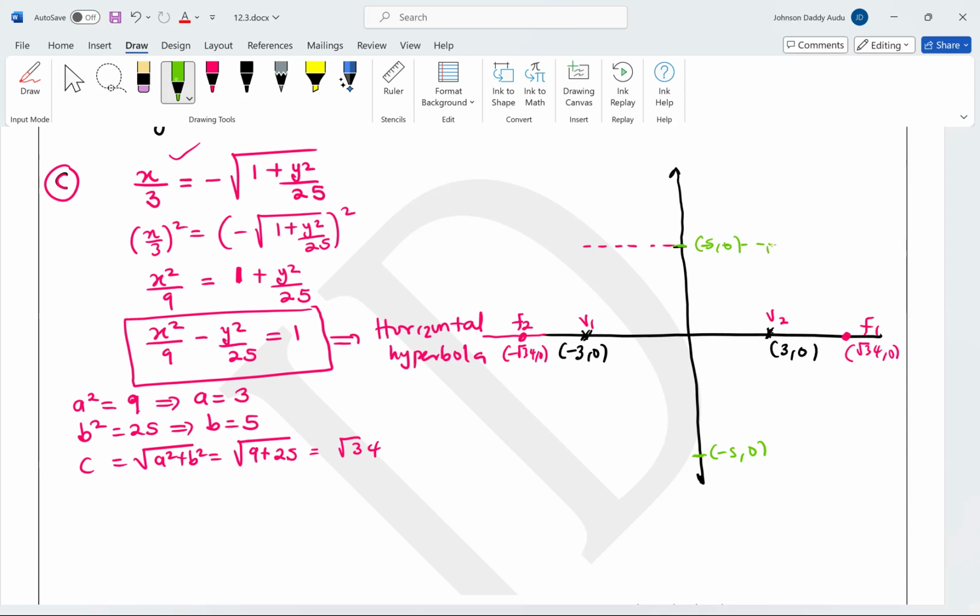So the same story, we can just try to connect this rectangle. We'll go 3 horizontal, 3 wide, and vertical 5. So draw a line.